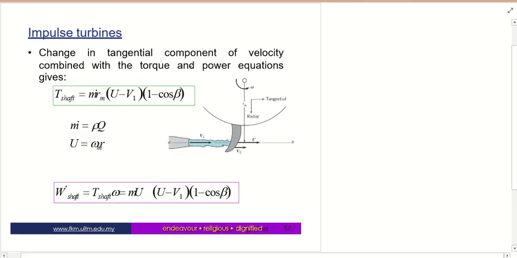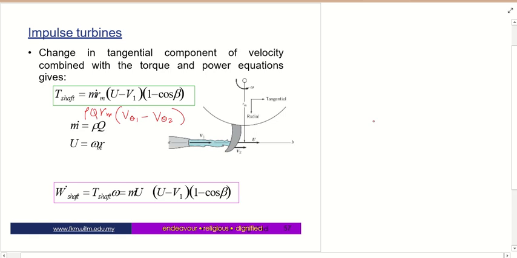To obtain the shaft torque, we use m dot, the mass flow rate, equal to rho Q, times Rm times V theta 1 minus V theta 2.